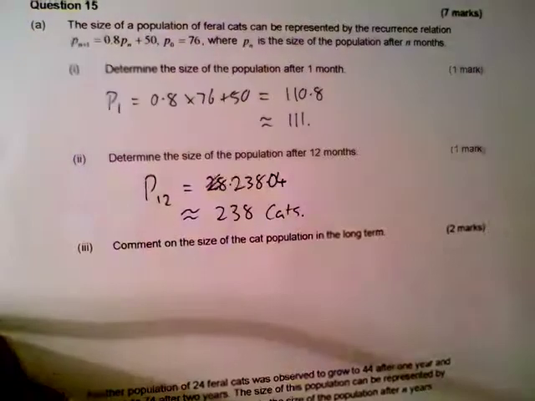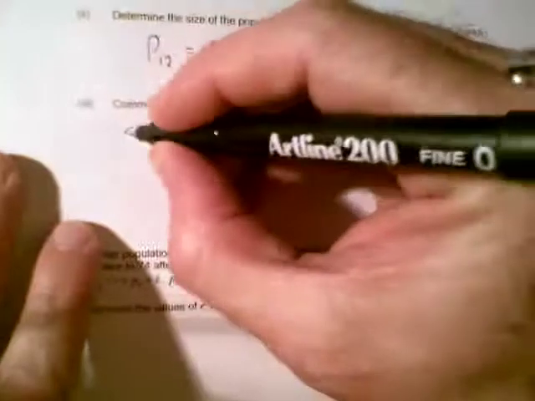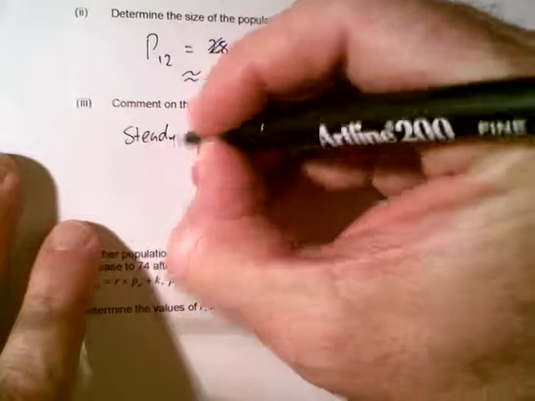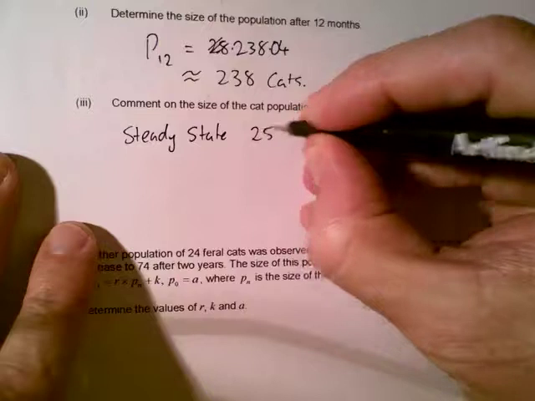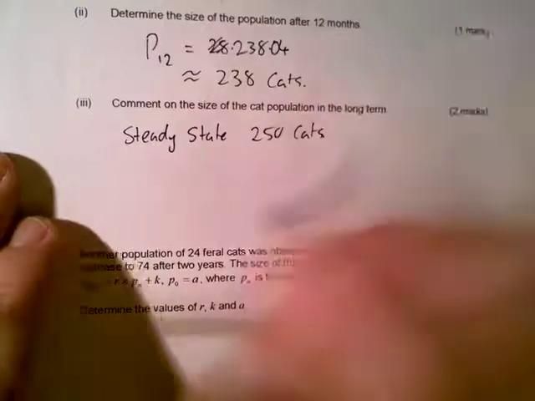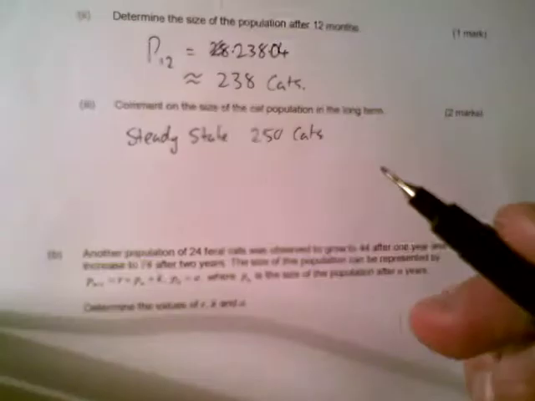So in terms of comment on the size of the cat population in the long term, we could say it's going to be steady state, 250 cats. So the steady state just says that it does reach a steady amount of cats, 250 cats.